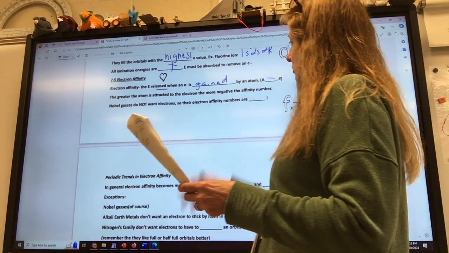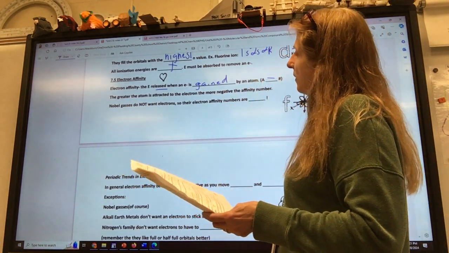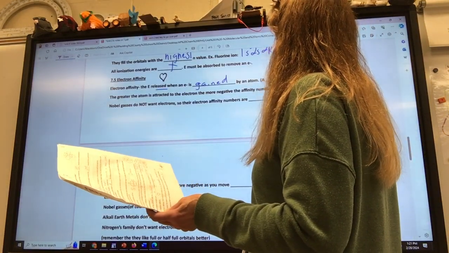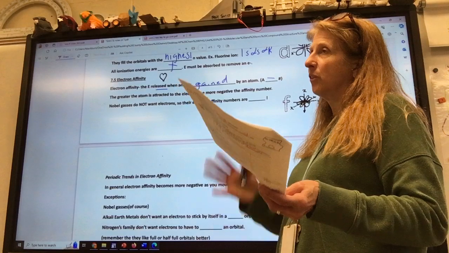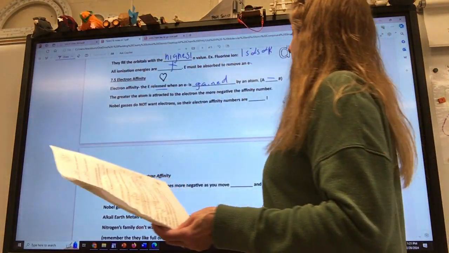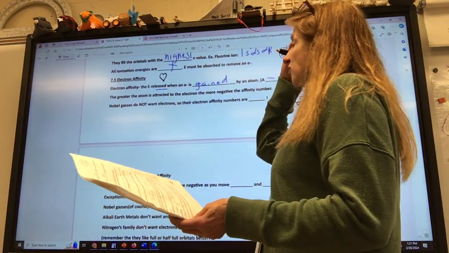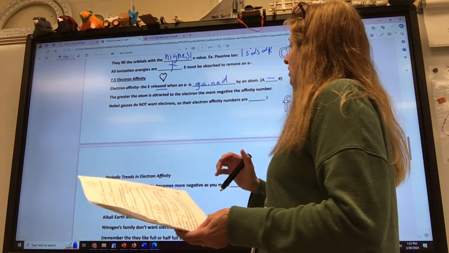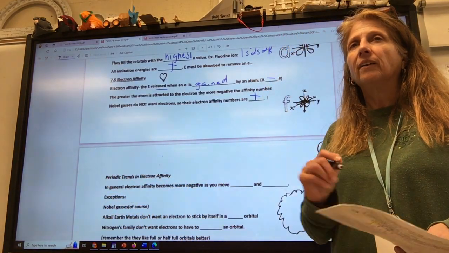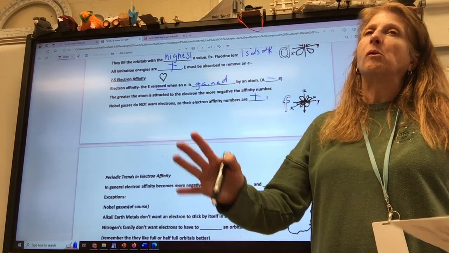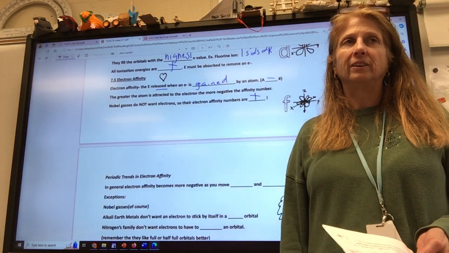The greater the atom is attracted to the electron, the more negative the affinity number. So those halogens are going to have high numbers. Noble gases do not want electrons, and how they show it is they make the number positive. They so don't want it that it's the opposite of wanting it, which is negative, so it's positive.